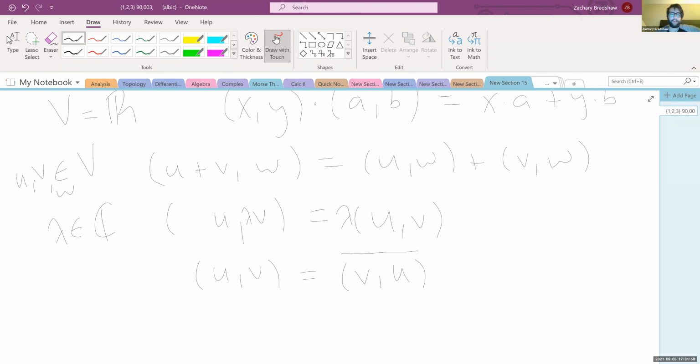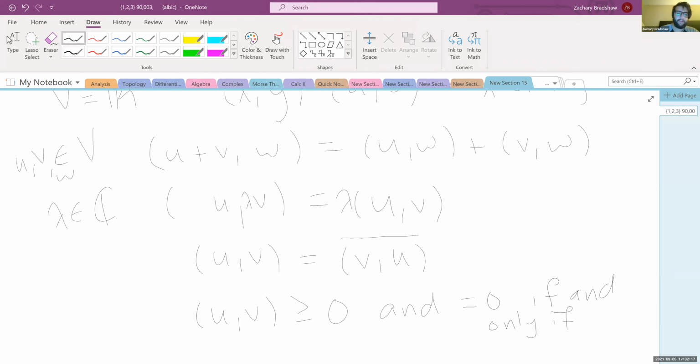And lastly, we want the inner product of v with v to be greater than or equal to 0, and we want this to be equal to 0 if and only if v equals 0. Oh, sorry, that should be vv.